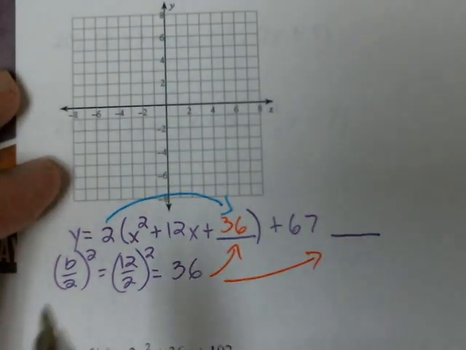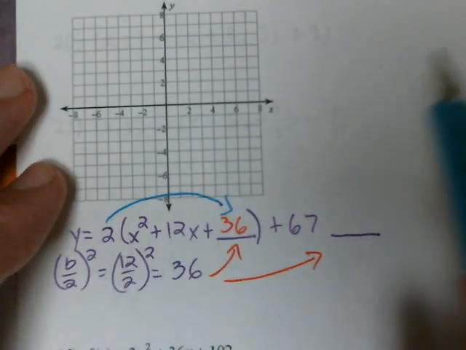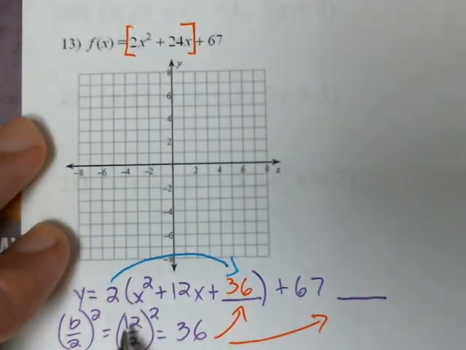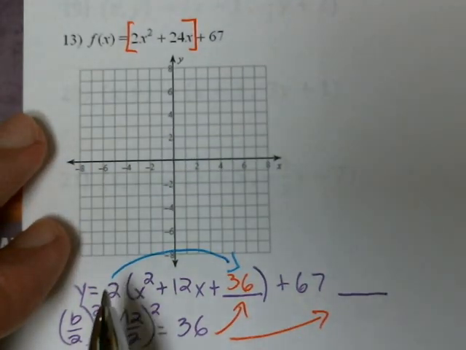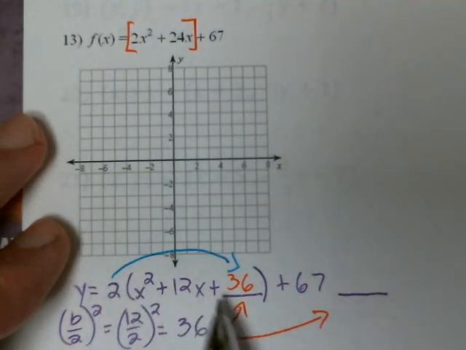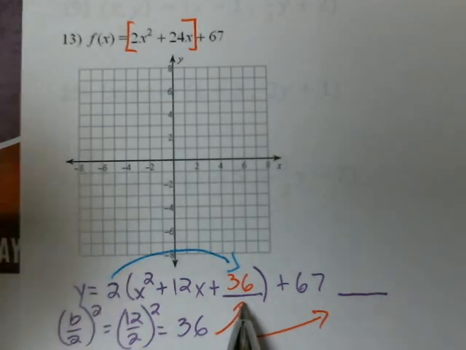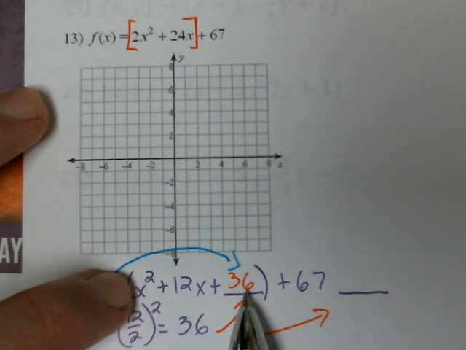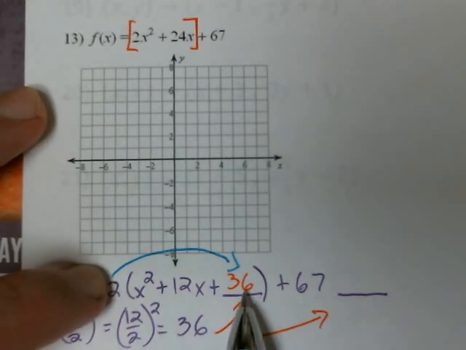So guys, you have to remember, if you pull out a number in front, you have to go back and redistribute the factor that you pulled out times the number in the blank, and that's what you have to offset. I didn't put 36 bricks on the right-hand side of the equation. I put 2 times 36 bricks.